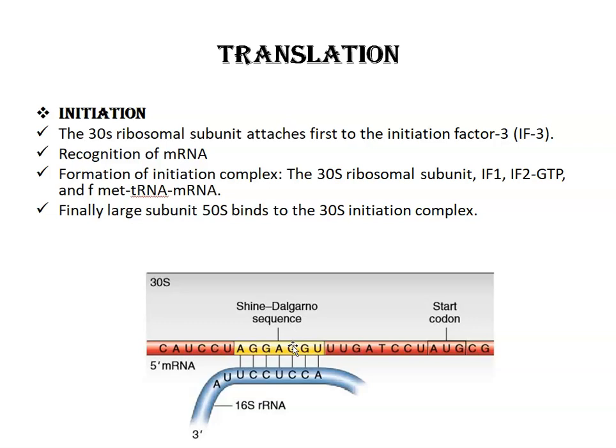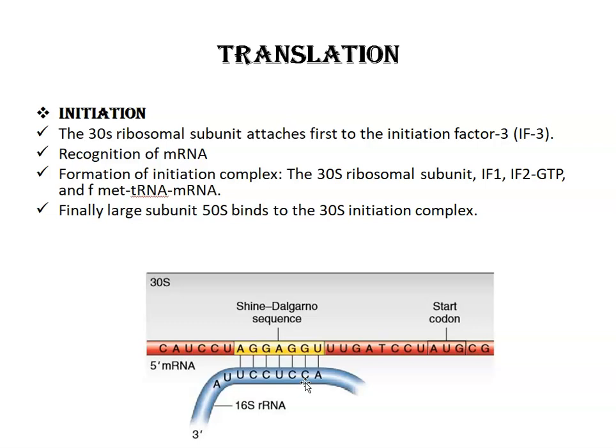And this sequence binds with the complementary base pair UCC, which you can see here on the 16S rRNA, located at the 3' end of the 16S rRNA. It anchors the 30S subunit of the ribosome to the correct position on the mRNA.